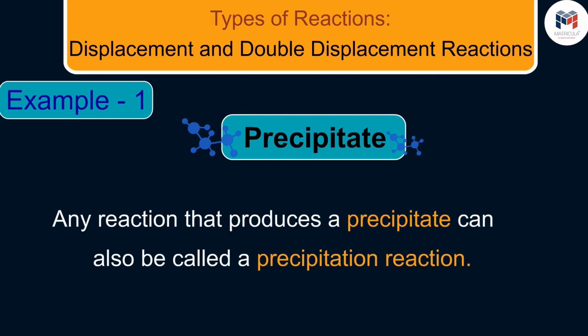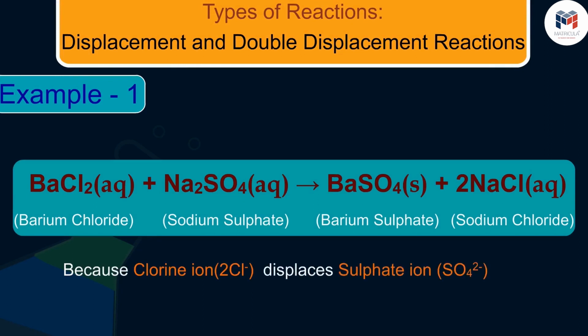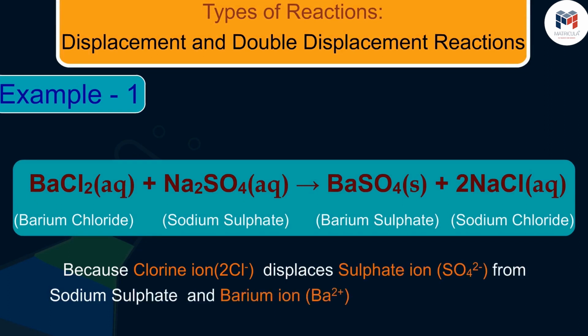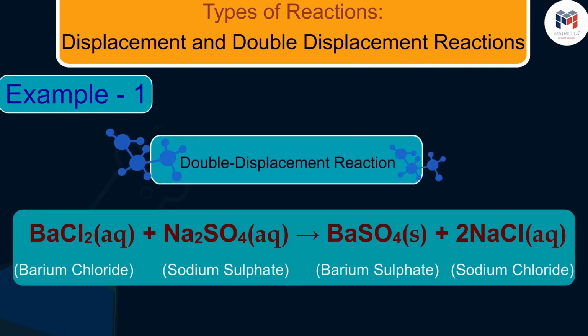So students, how is this reaction a double displacement reaction? Because chloride ion 2Cl- displaces sulfate ion SO4 from sodium sulfate, and barium ion Ba2+ displaces sodium 2Na+ from sodium sulfate. Therefore, it is a double displacement reaction.